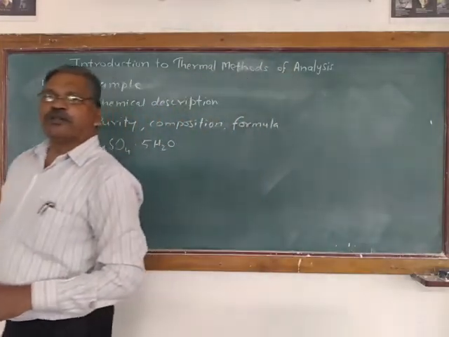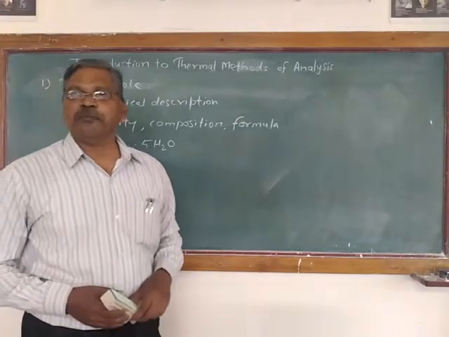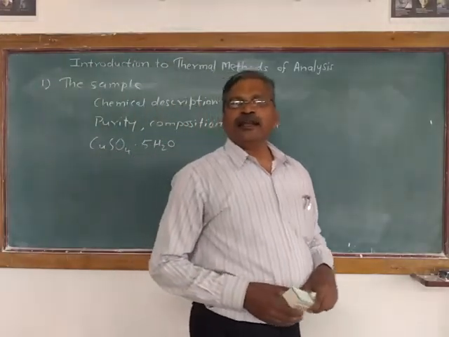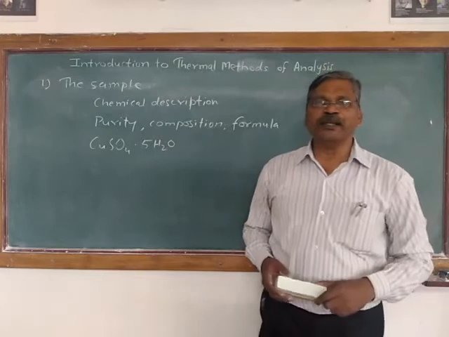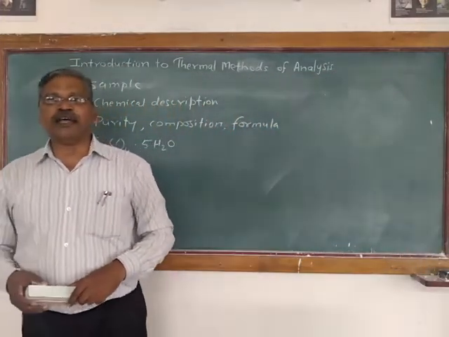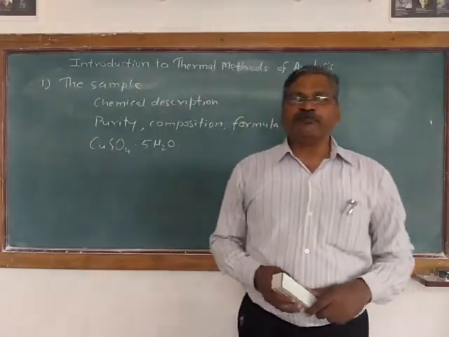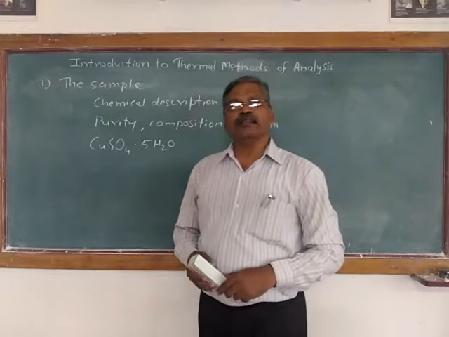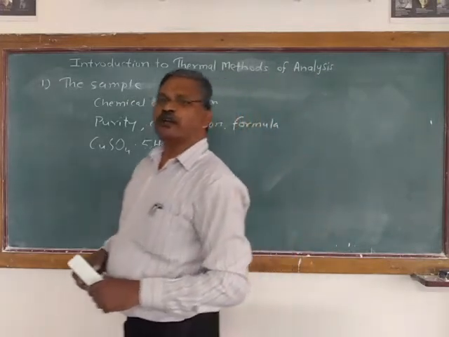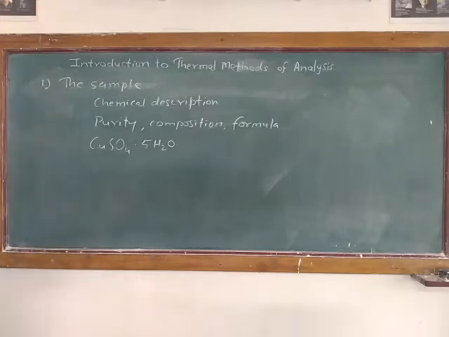If this compound has a particle size of 50 to 60 micrometer and is provided by XYZ Company Limited with GPR grade, and if the sample is diluted with 50% alumina, then these conditions should be mentioned while performing the thermal method of analysis on this sample.